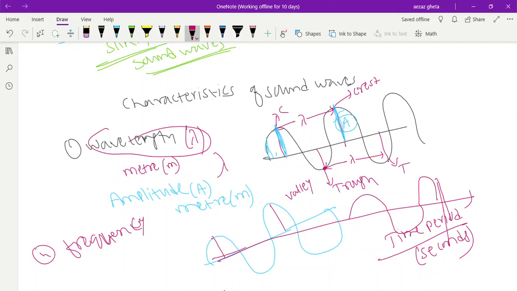That is called frequency. Got it? Everybody understood? So these are the characteristics of sound waves. Up to here, just learn it, and if you have any doubt, let me know. Just write in the comments.